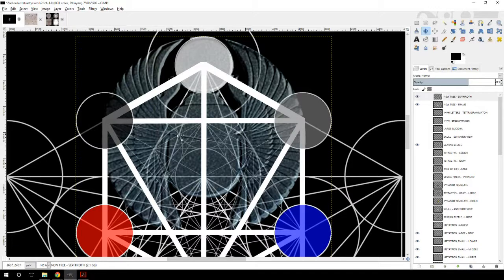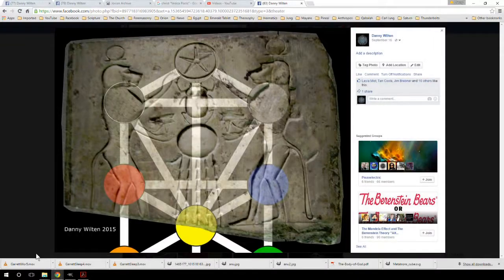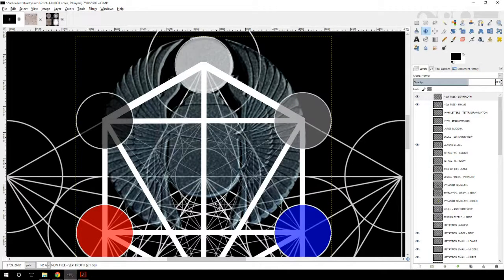And by knowing that the X is right here with this beetle, and by scaling this to the certain size, if you'll notice, this cross is right on top of the beetle, this Tree of Life, and that's exactly what you see right here. And this also refers to the human skull as well.